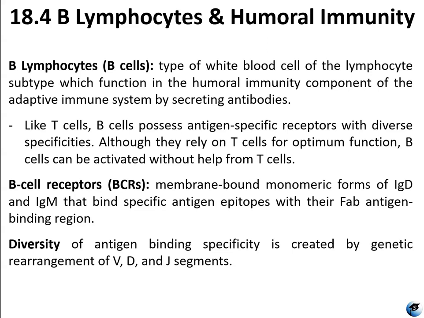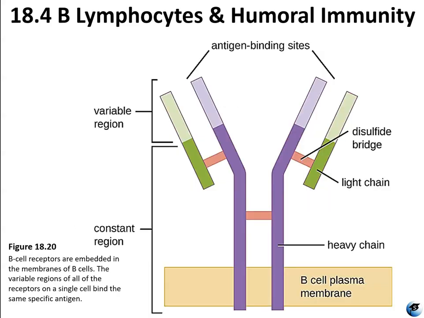Diversity of antigen binding specificity is created by the genetic rearrangement of V, D, and J segments. So this is just like we saw in T cell receptors. B cell receptors are embedded in the membranes of B cells. The variable regions of all of the receptors on a single cell bind to the same specific antigen.